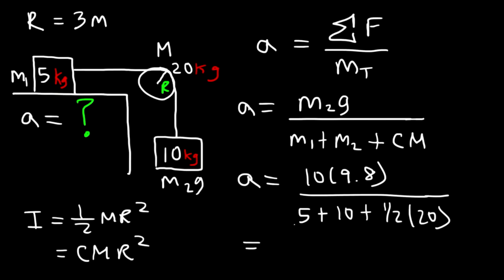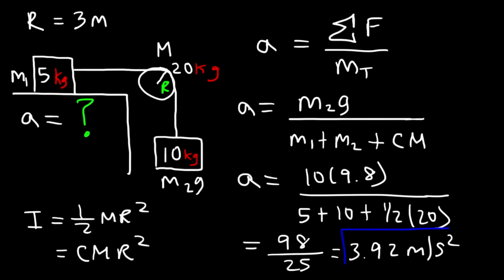So 10 times 9.8 is 98, half of 20 is 10, plus another 10 is 20, plus 5, so this is going to be 25. 98 divided by 25 is 3.92 meters per second squared. So this is the acceleration of the entire system.